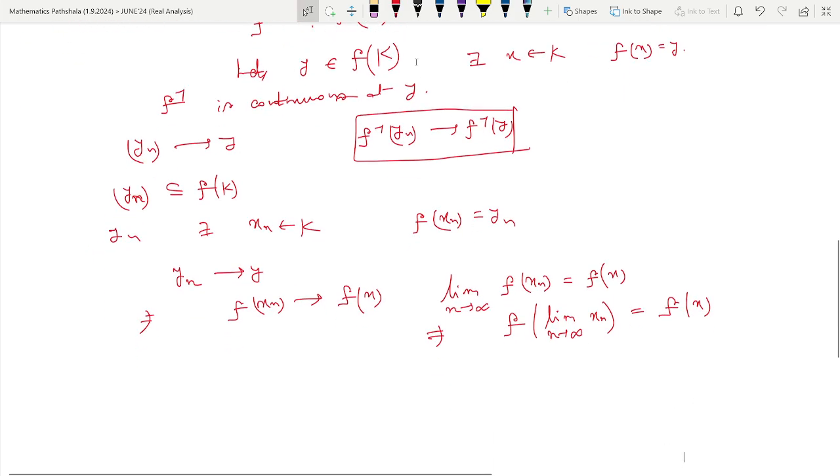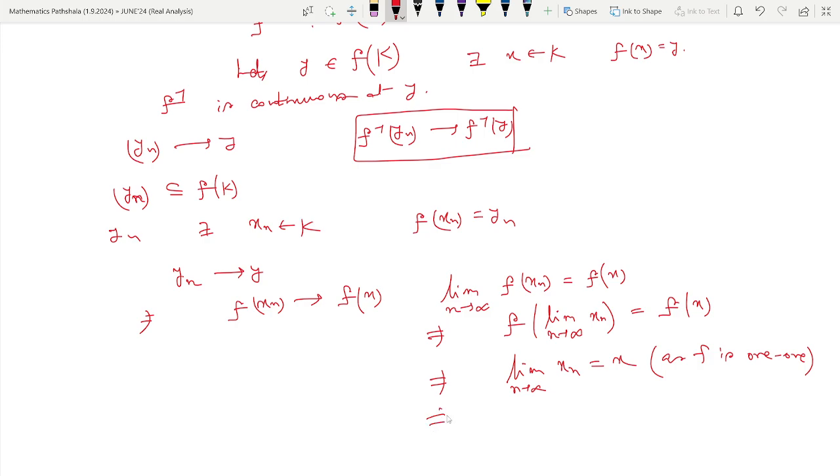Using simply the continuity of f, and then using the injectiveness of f, we have the limit as n tends to infinity of x_n equal to x, as f is one-one. Now as f is one-one, this x_n is actually our f(x_n) equal to y_n, so x_n equals f inverse of y_n. So the limit as n tends to infinity of f inverse of y_n equals f inverse of y.